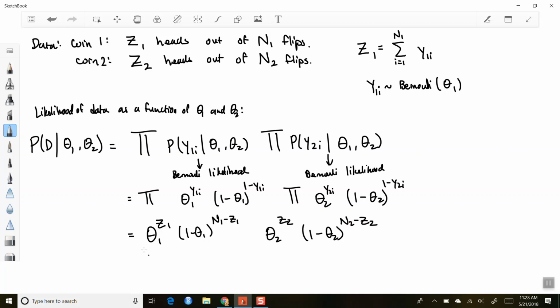Okay, it's kind of silly, but it's just a product of Bernoulli likelihoods, and that's because our data, the two coins, are independent. If we wanted to, we could just split them and solve these problems individually: here's one coin, let's look at this; here's another coin, let's look at that.